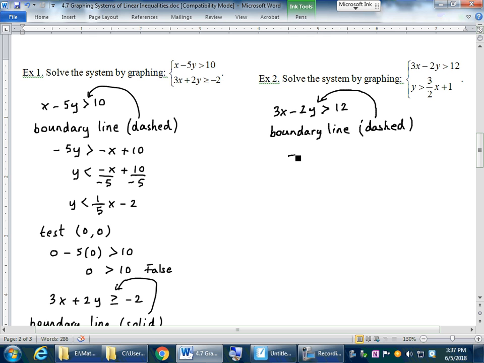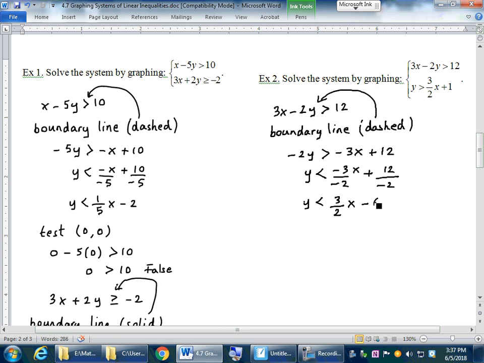So subtracting 3x on both sides, and then divide both sides by negative 2, so the inequality symbol switches around. So negative 3x divided by negative 2 plus 12 divided by negative 2. That gives us y is less than 3 over 2x minus 6.